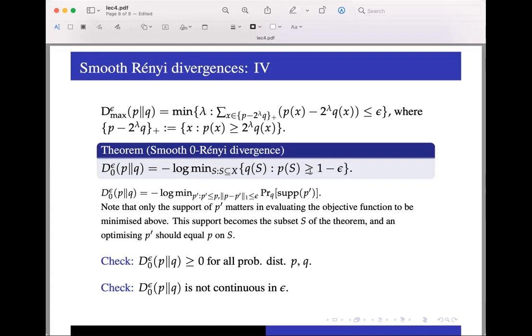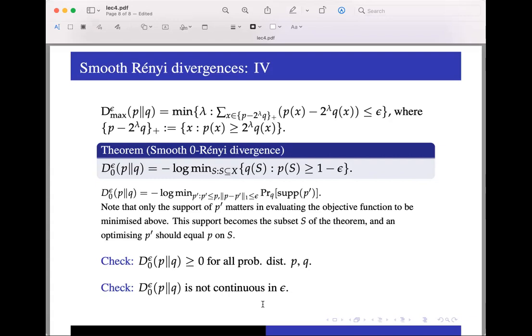So one can use d0 epsilon and maybe connect it to ds. First, check that it is easy to see that d0 epsilon is greater than or equal to 0 for all probability distributions. Okay, so this is all good.